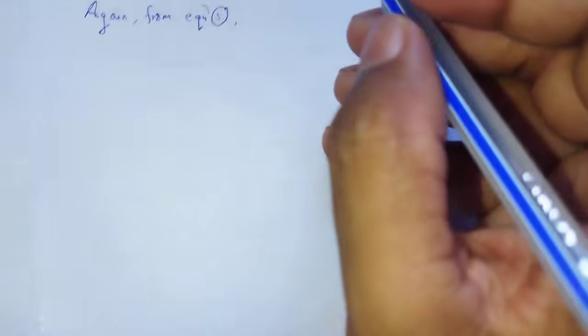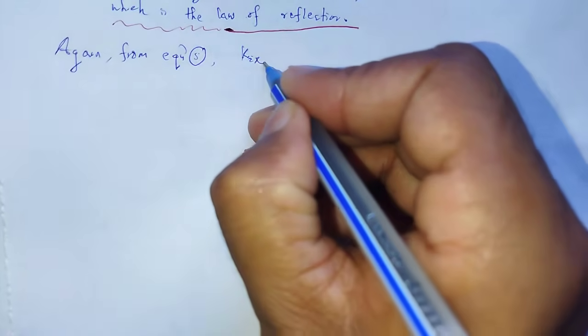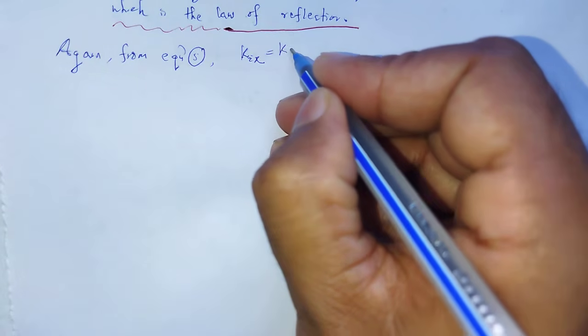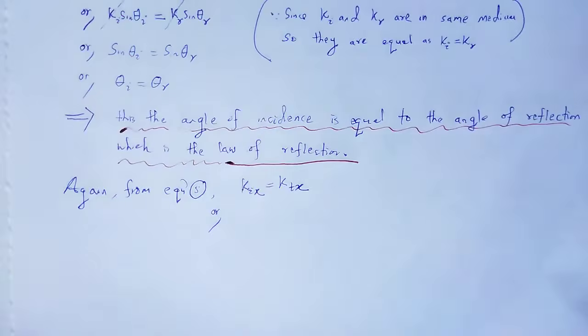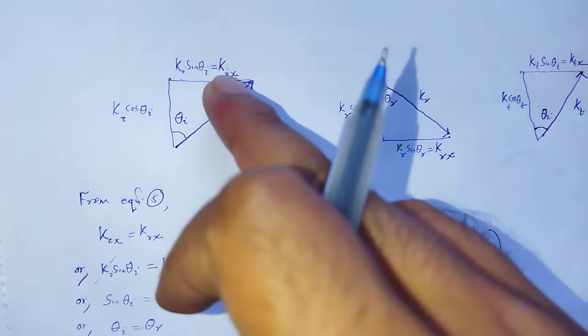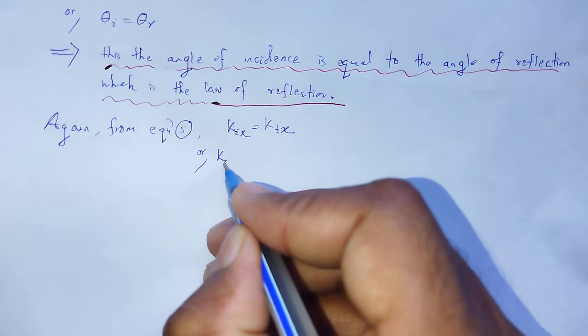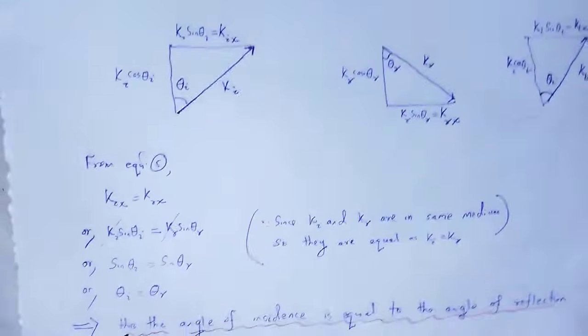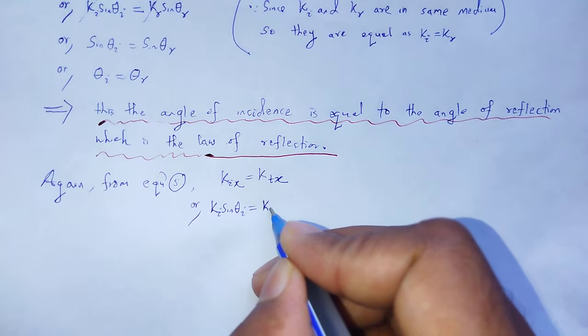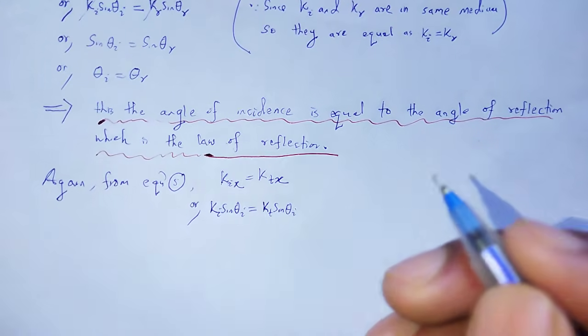Similarly, kix is ki sin theta i, and ktx is kt sin theta t.